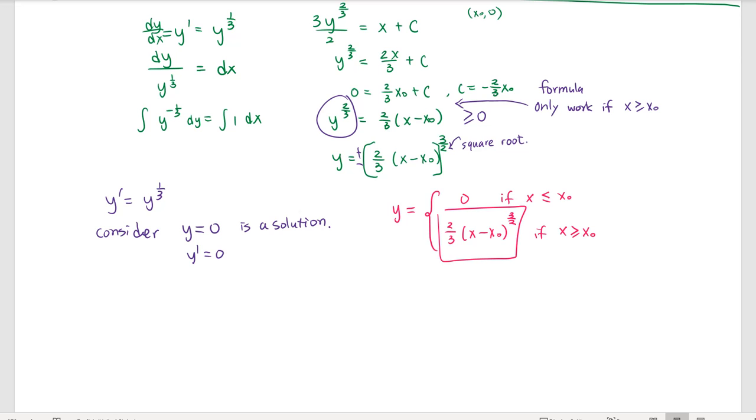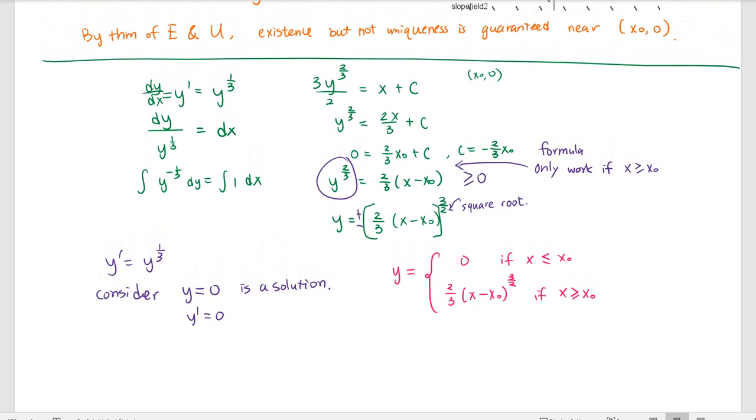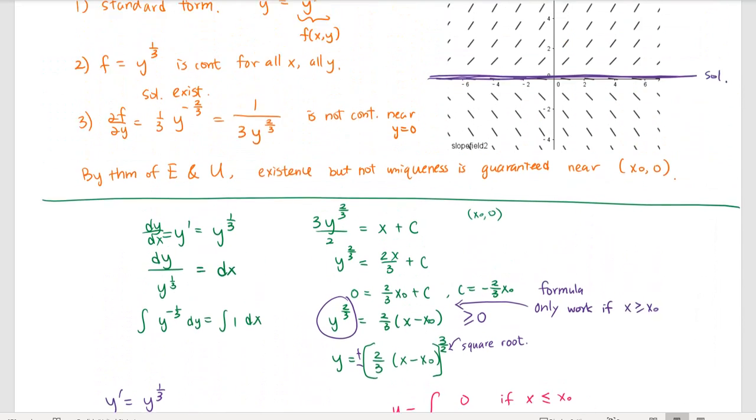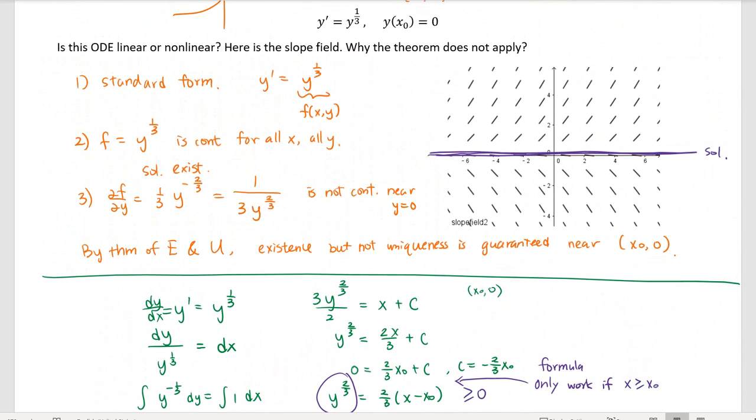On this part it also satisfies the differential equation. So this is a solution. Okay, and do you know what this guy looks like? Let me draw the picture here. So this guy looks like this. Okay, so it's increasing.